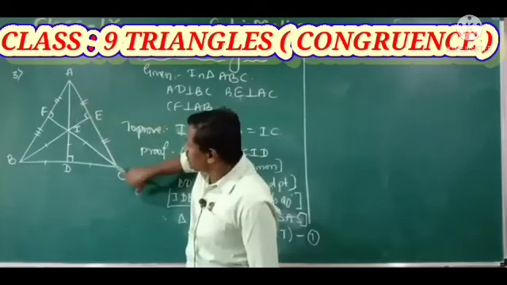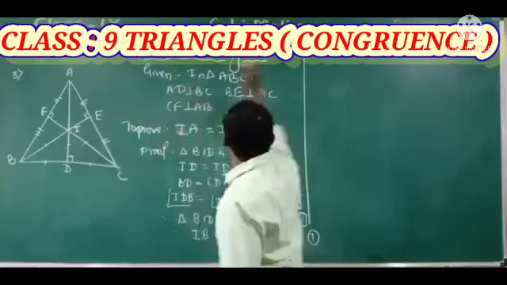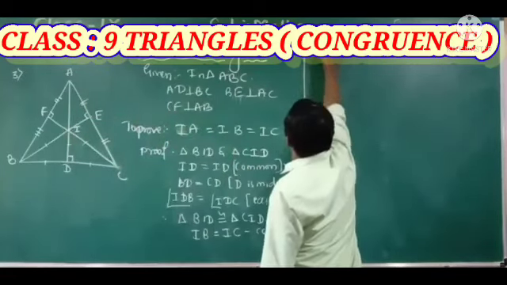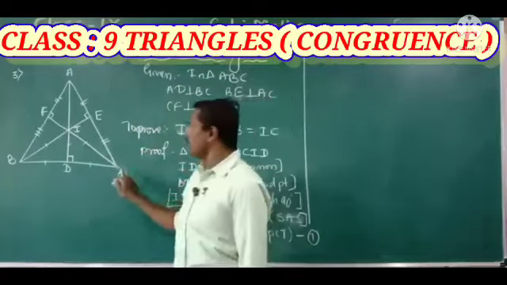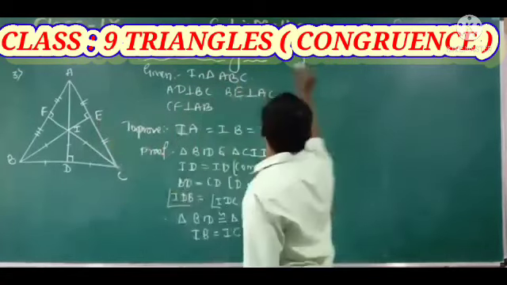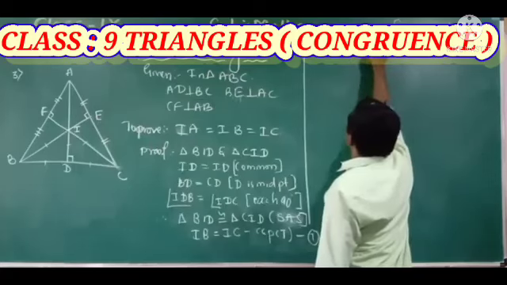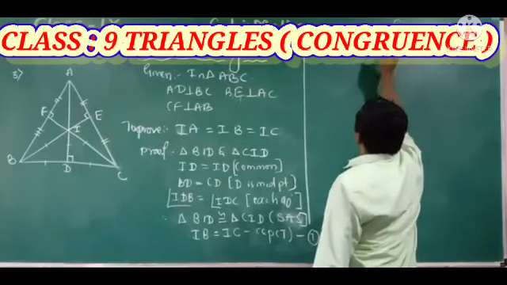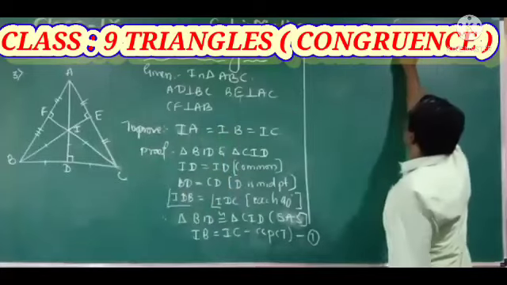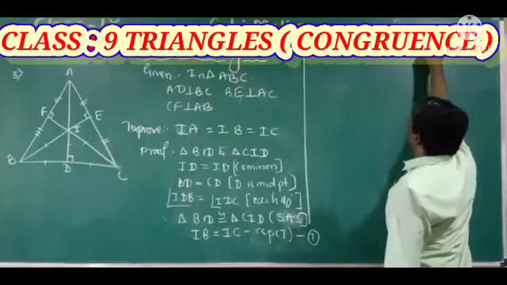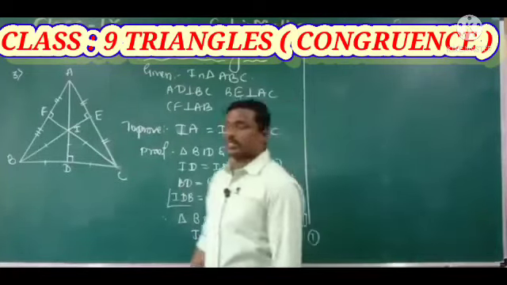Now similarly, take these two triangles, triangle CIE and triangle AIE. What are the equal things here?